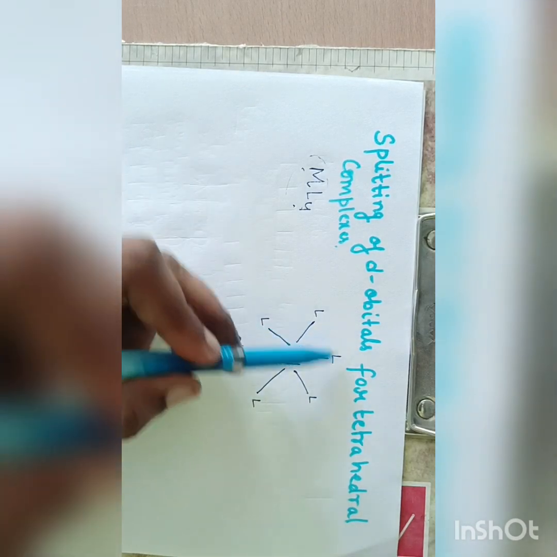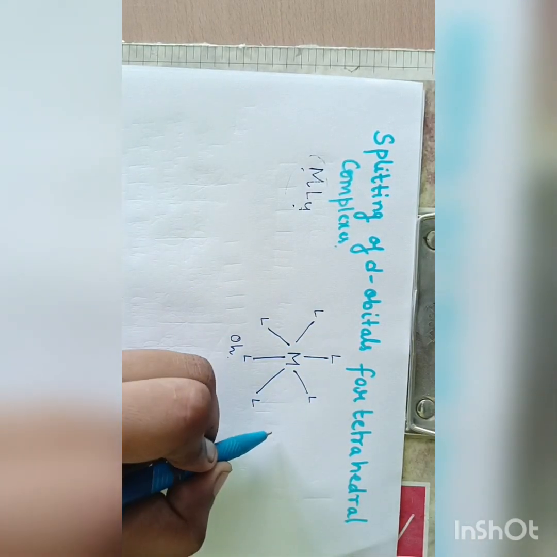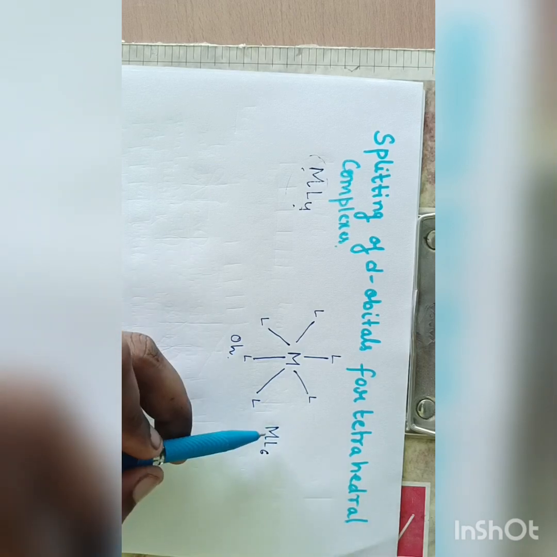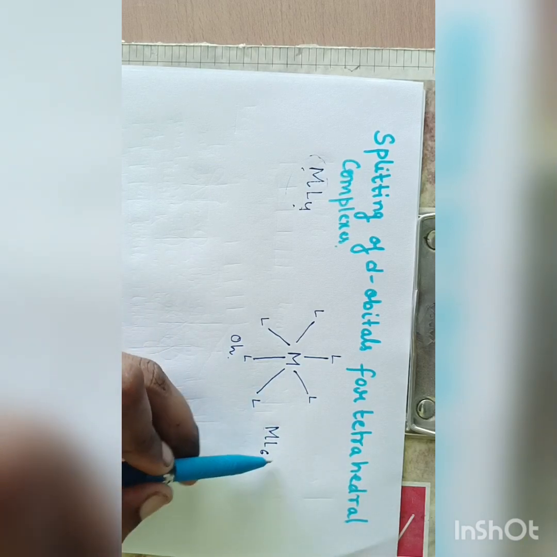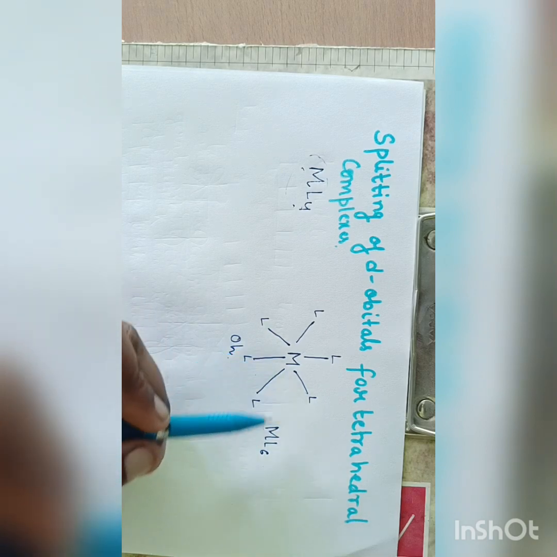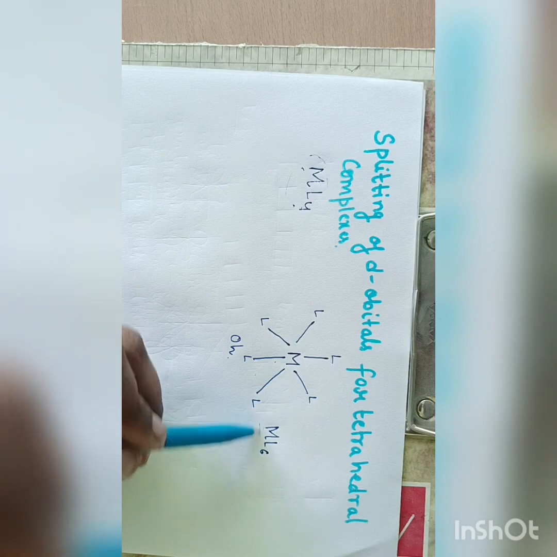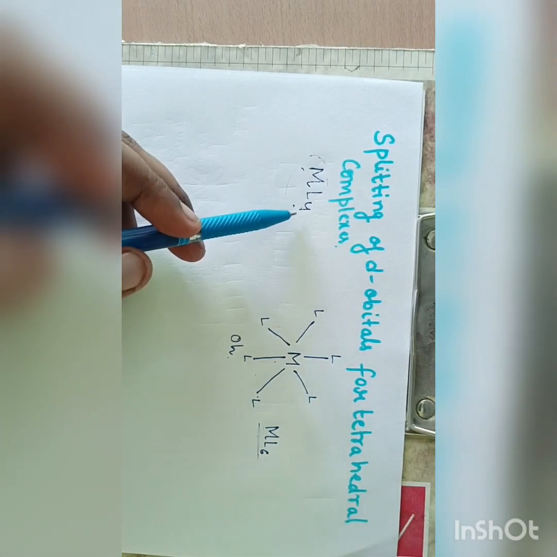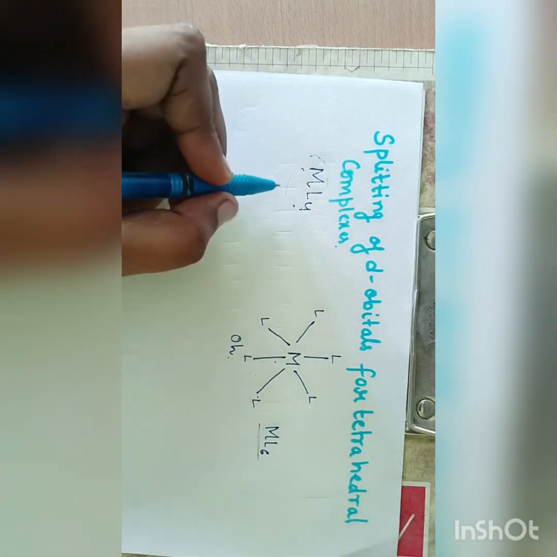So these are the 6 ligands. So this can also be written as ML6. M stands for metal and the 6 ligands approach the metal. 6 ligands form bonding with the metal. So this is represented as ML6. This is for octahedral.